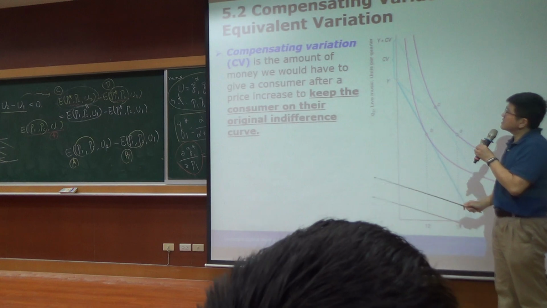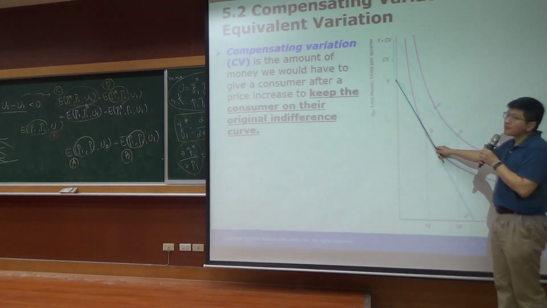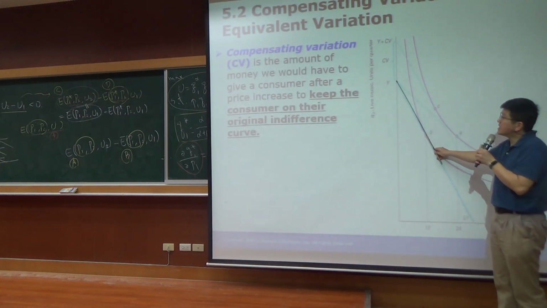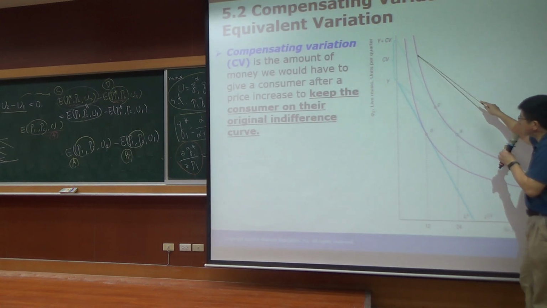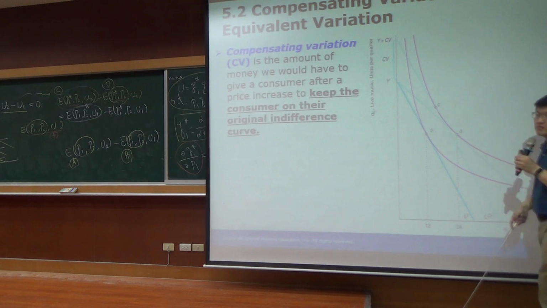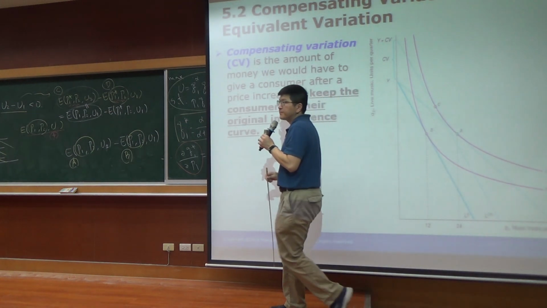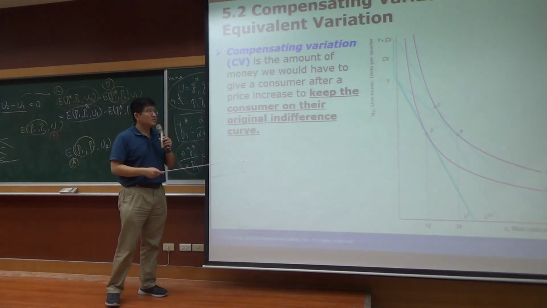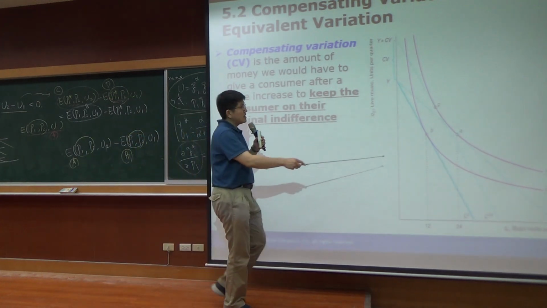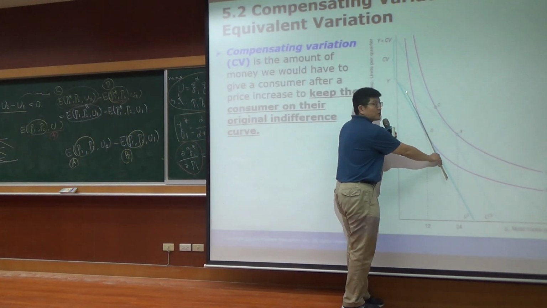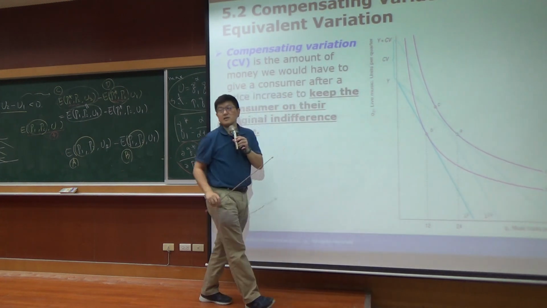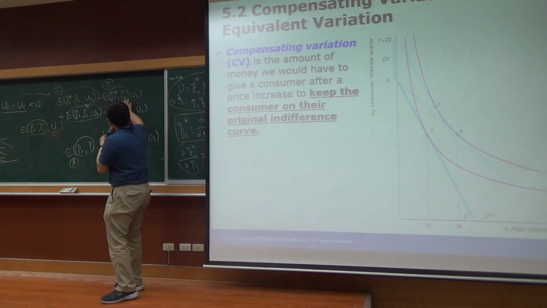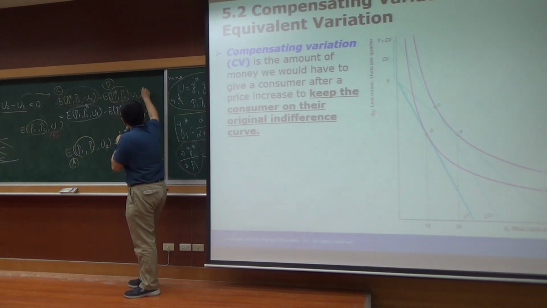CV, compensating variation, is something we need to compensate the consumer so that the consumer may reach the original utility level. Okay? So CV uses the new price environment to measure. CV is something like this. So this would be CV.